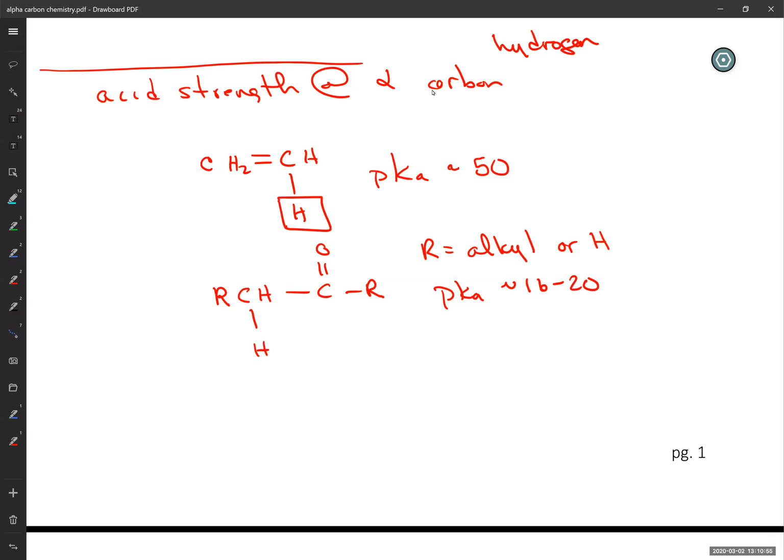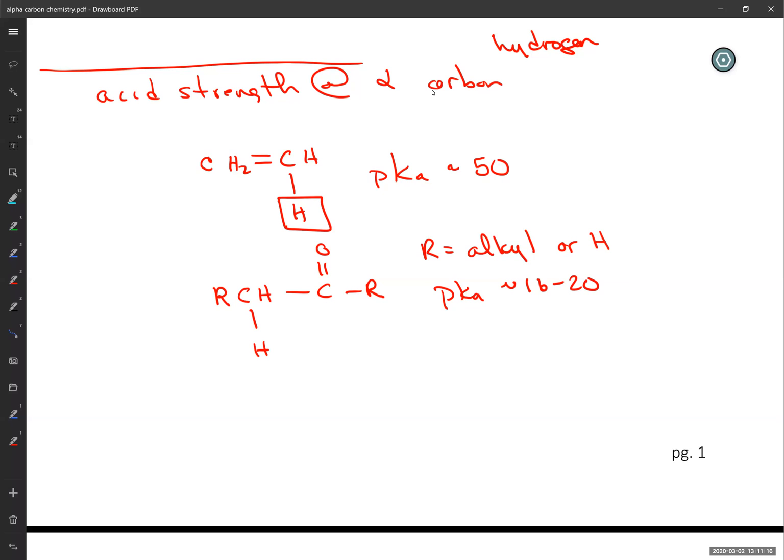If you remember, alcohols and sodium hydroxide are all around 15.5. If you put a high concentration of sodium hydroxide in here, it will deprotonate that hydrogen. If you use stronger bases, you can deprotonate a larger percentage of it. Okay.